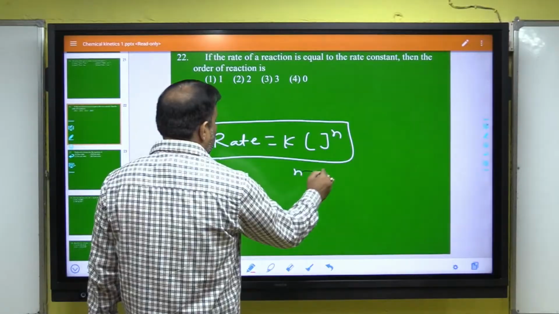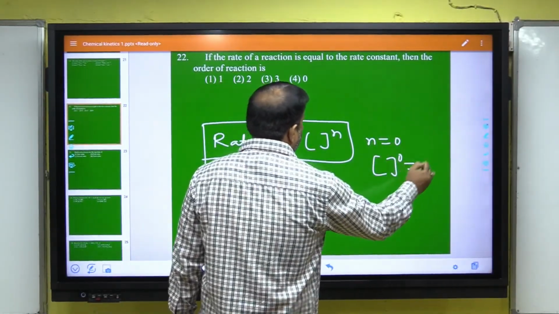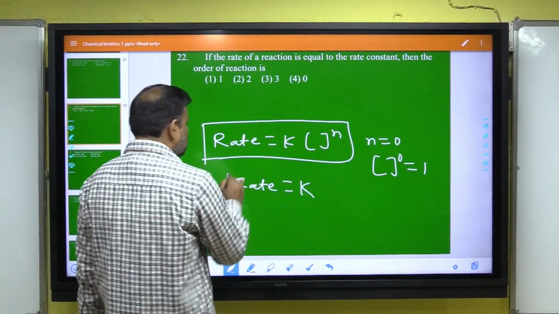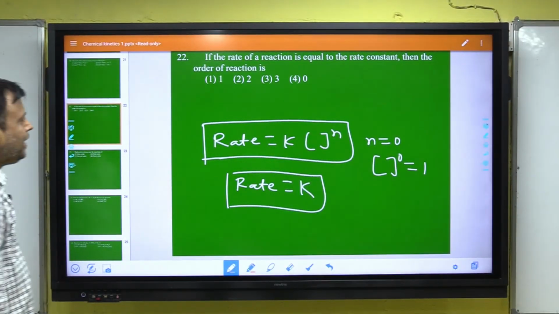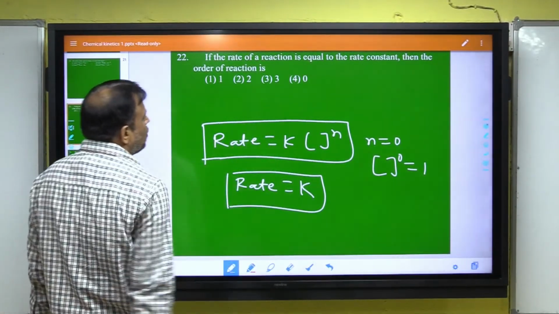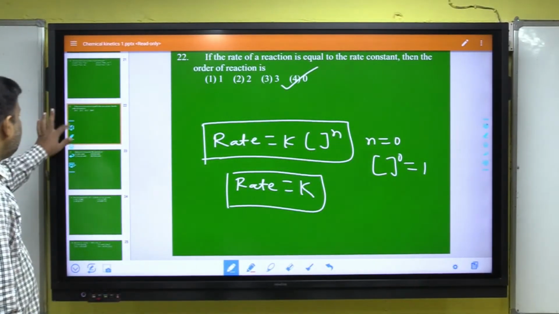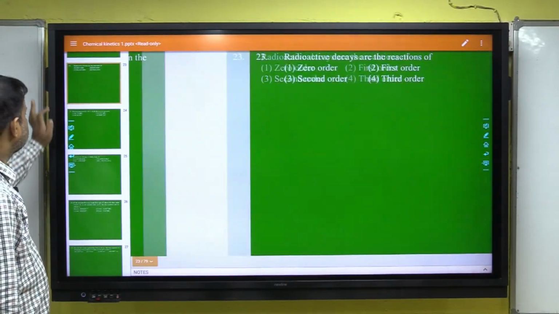When n is equal to 0, conc to the power 0 is equal to 1, rate is equal to K. Rate is equal to K. Clear? And hence rate is equal to K only in case of 0 order. Clear? Next, 23rd number.